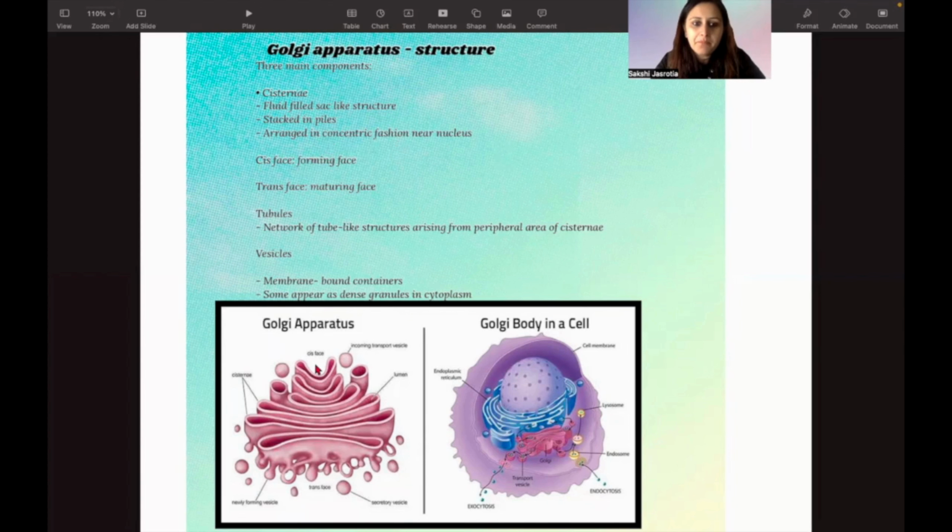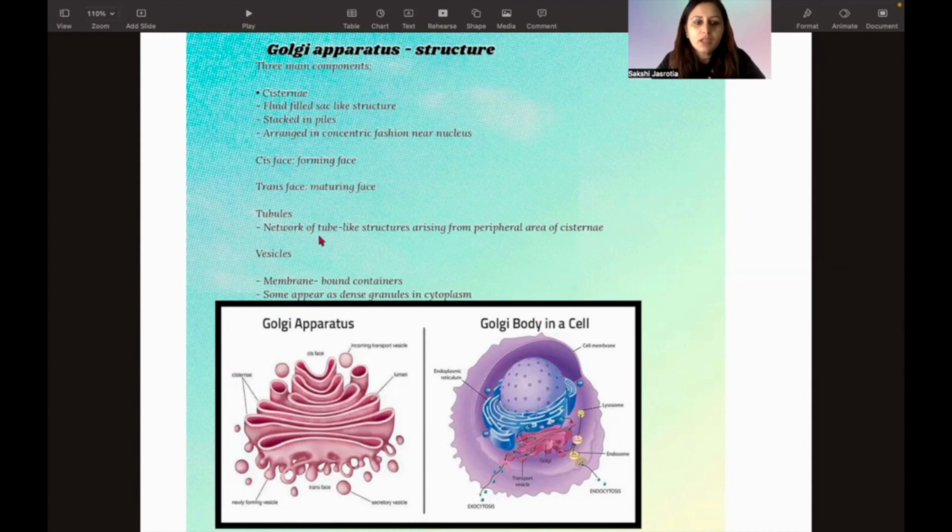Keeping this in mind, this cis face is facing, as we have discussed, the smooth endoplasmic reticulum, and then the rest is arranged in the concentric fashion. The cis phase is also called the forming face. The young organelles are here in the cis phase, and the older, maturing ones come over here in the trans phase.